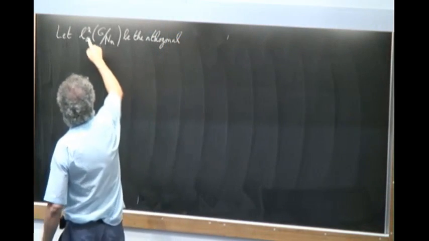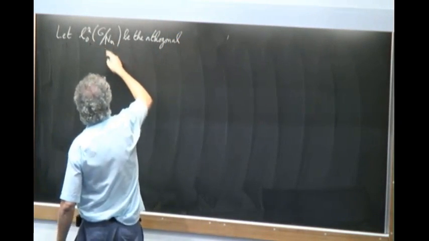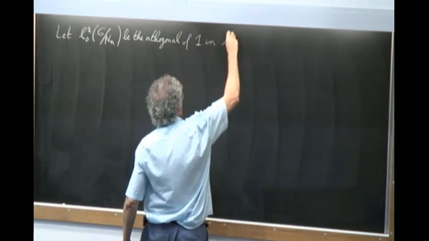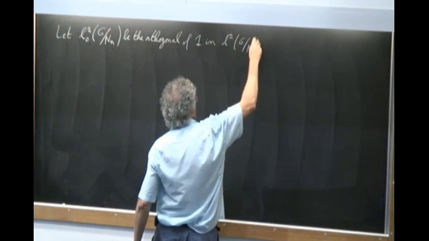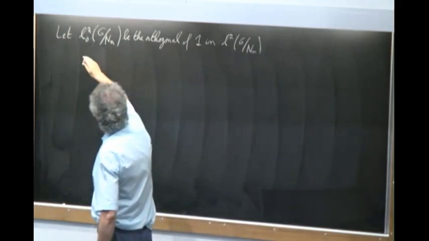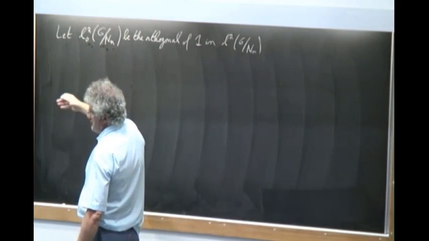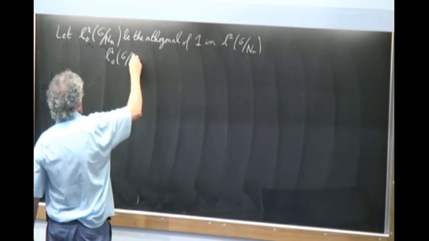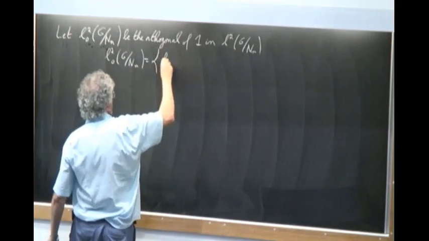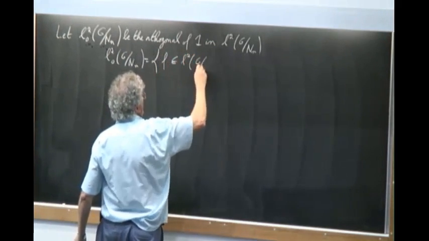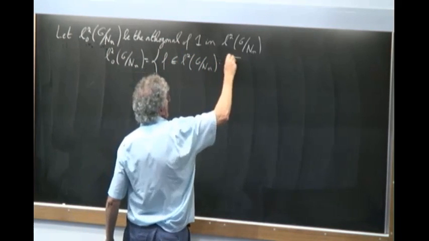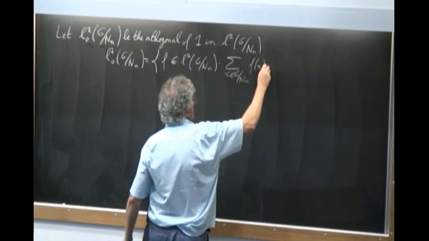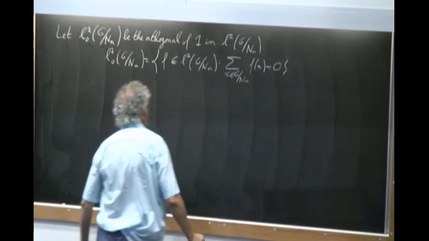Let me denote by L^2_0(G/N_n) the orthogonal of the constants in L^2 of the quotient. So this is the same thing as the functions f in L^2(G/N_n) such that the sum over x in the quotient of f(x) is 0.